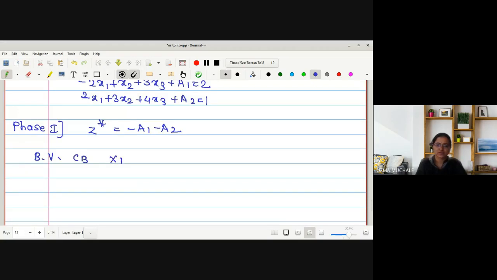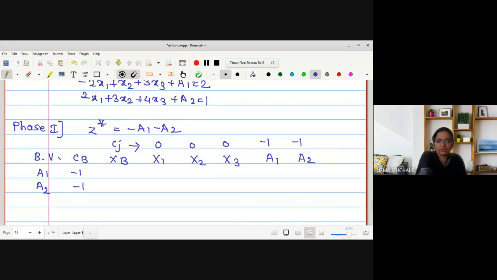CB, XB, X1, X2, X3 original, A1, A2 artificial. Which are the basic variables? A1, A2, no? First is minus 1, because if I look at this, Z star, this is 0, 0, 0, this is minus 1, minus 1. I hope I am audible to everyone. Yes, ma'am.